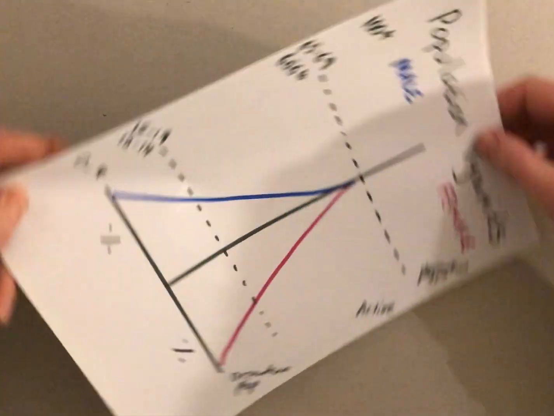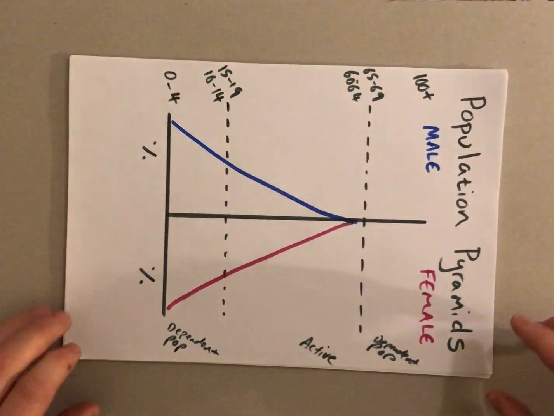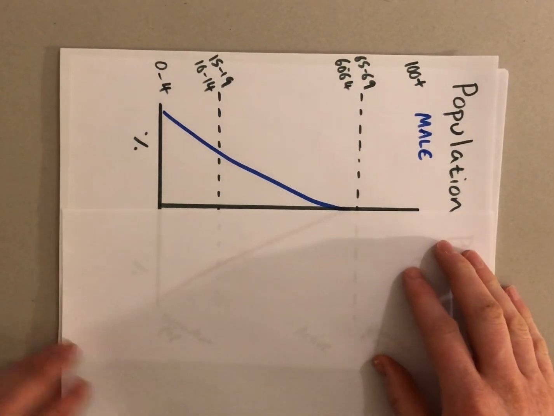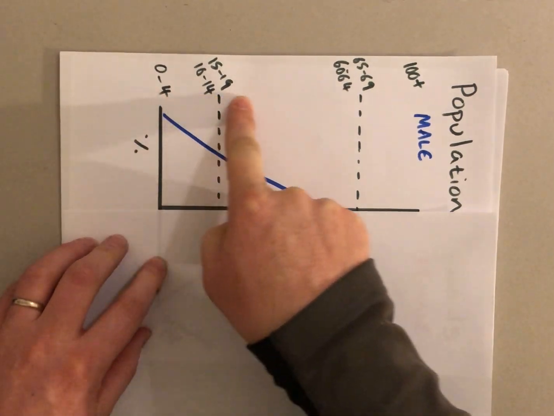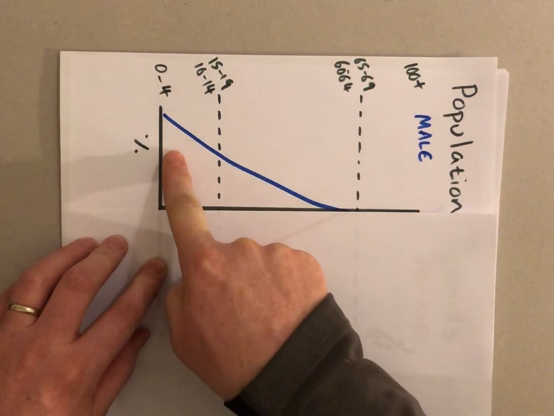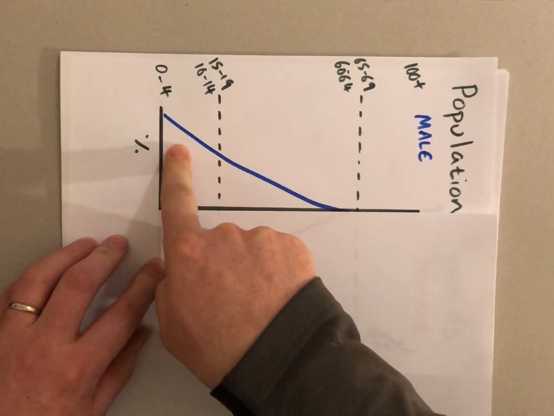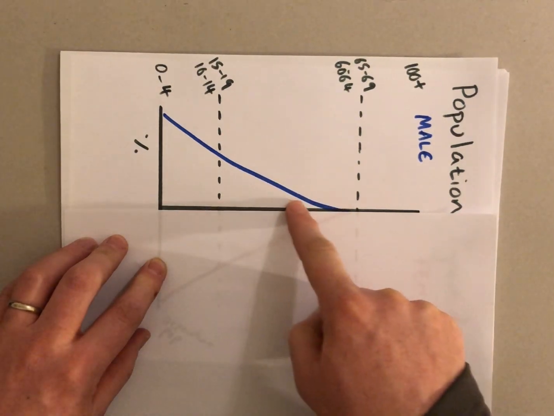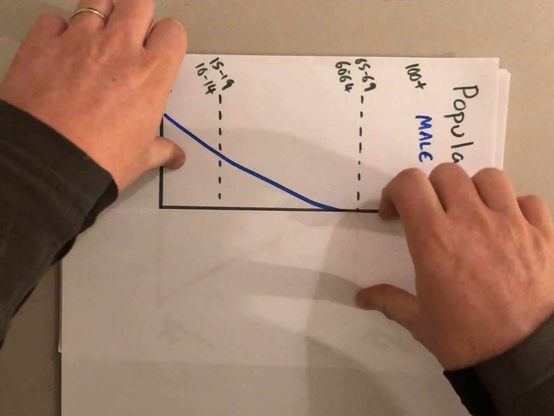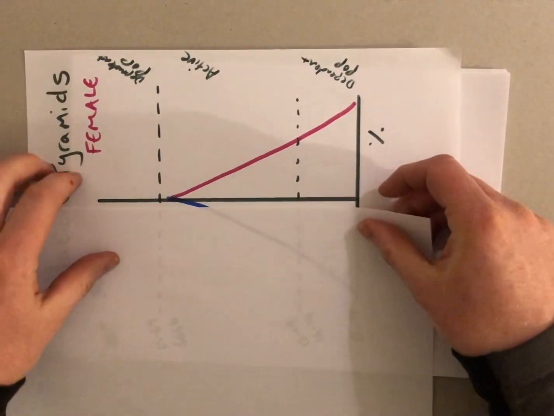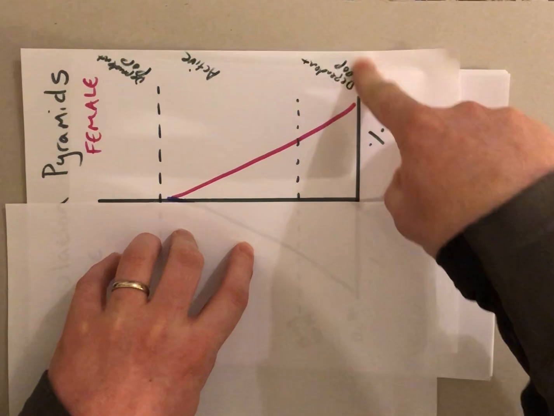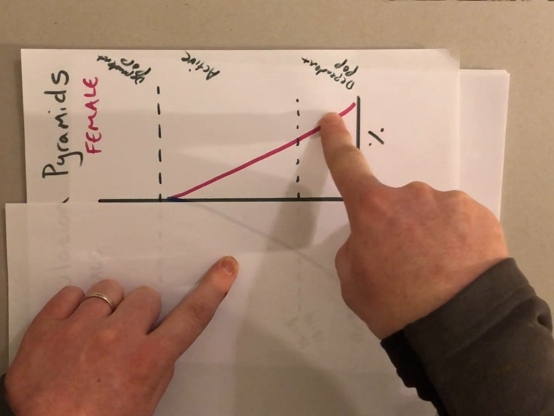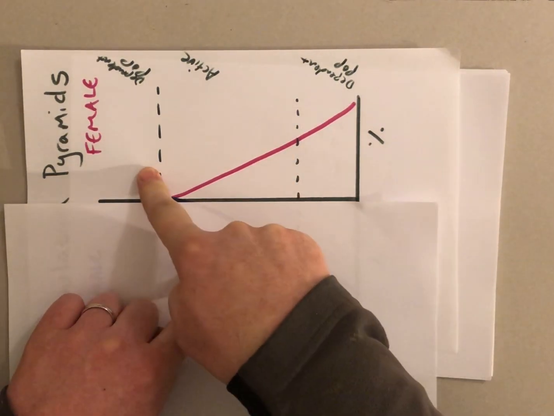But one of the ways to think about it is if we turn it on its side like that, what we're basically looking at is a graph that as people become older, we can see that the amount of people, we've got a high amount of people in this population that are 0 to 4, but then as they become older, there's less and less and less, and we can see the trend line disappearing down for males. And then similarly for females, and we're looking at it sort of back to front. So again, we've got really young people over here and really old people over here, and the trend for females is exactly the same. Over time, the amount of females is decreasing.